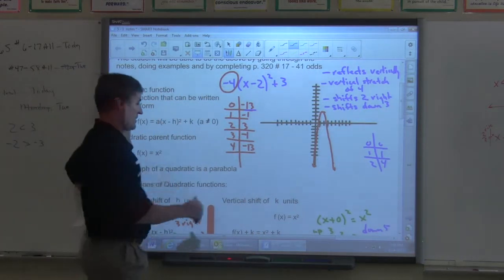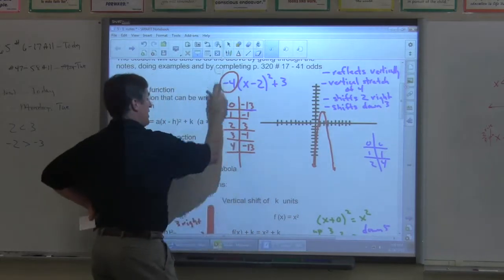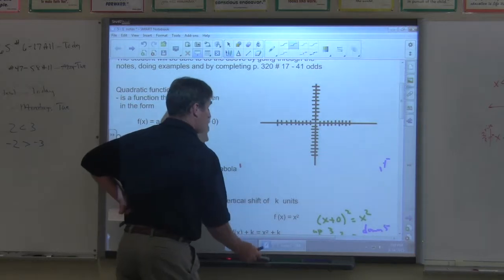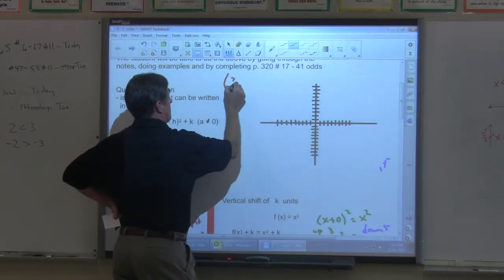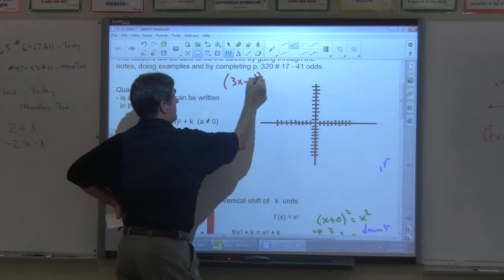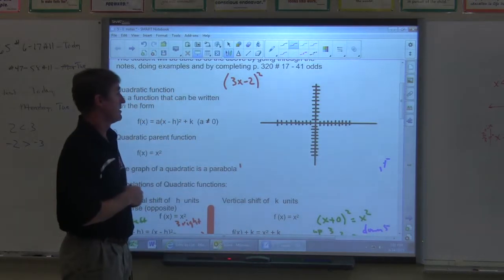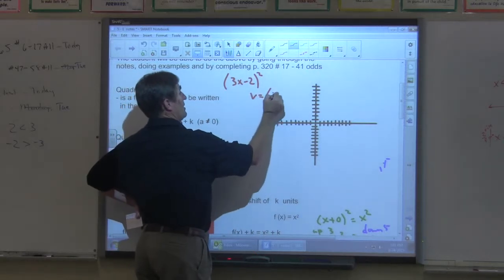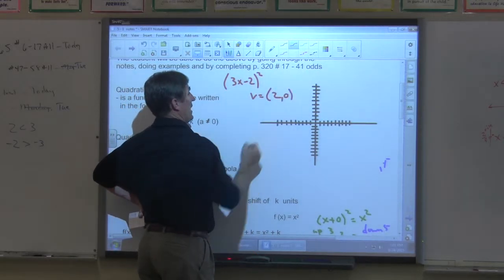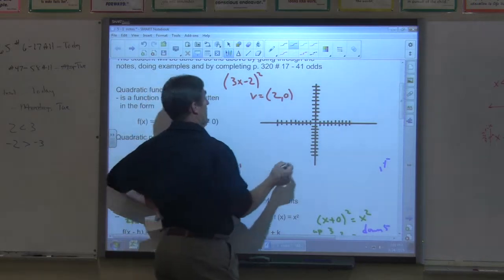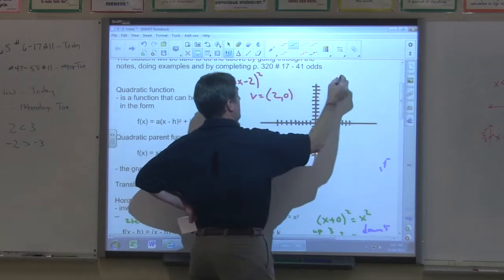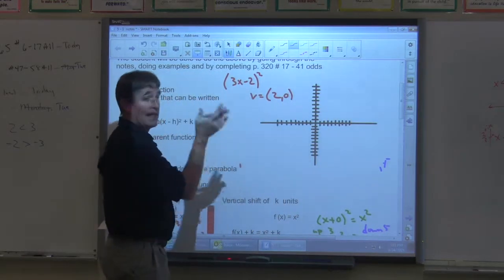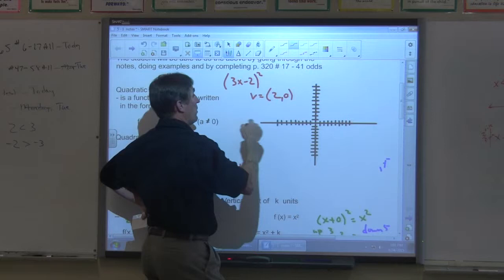But let's look at what happens if we have the b value, because I think you'll have some of that on the assignment. Let's say I just did this. Our vertex, in this case, would be 2, there is no k, 0. Our transformations would be, it's multiplied by 3. Remember, it's horizontal, and it's inside, so it's the inverse, so that would be 1/3.